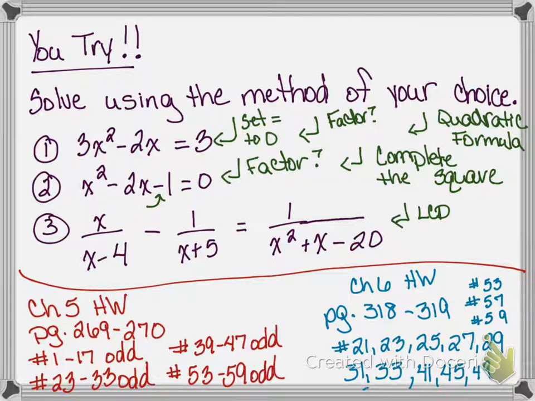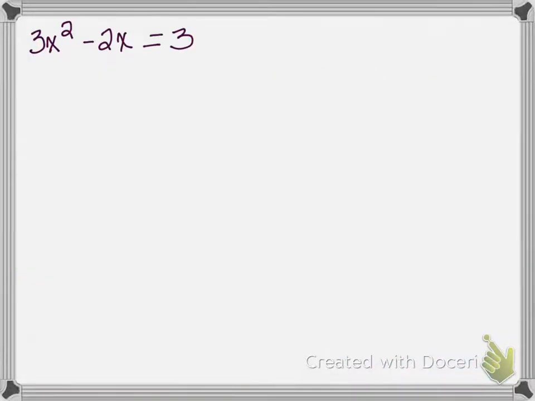Can I go to the next screen? Okay. So as we said, the first thing that we needed to do here is we need to move that 3 over. So I end up with 3x squared minus 2x minus 3 equals 0. We already know it can't be factored, and we already decided that we want to use the quadratic formula.